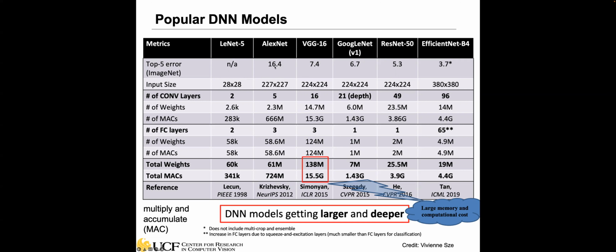So here, if you compare AlexNet with VGG, the total number of parameters in the network almost doubled, and the compute also increased significantly, right? So this will incur a large memory and computational cost.